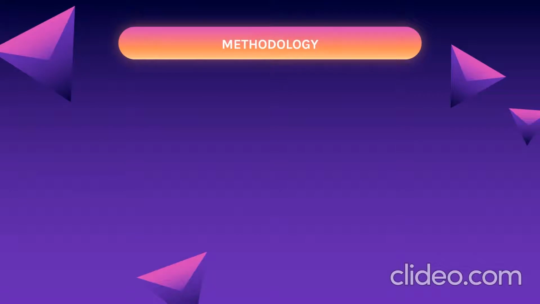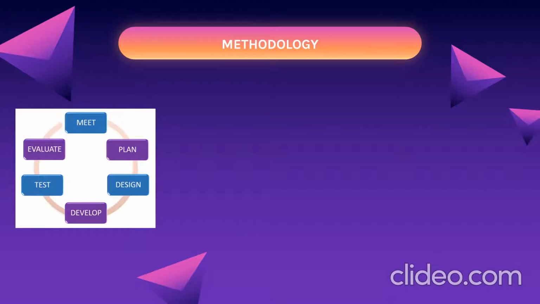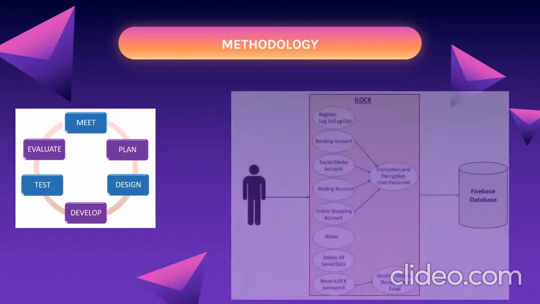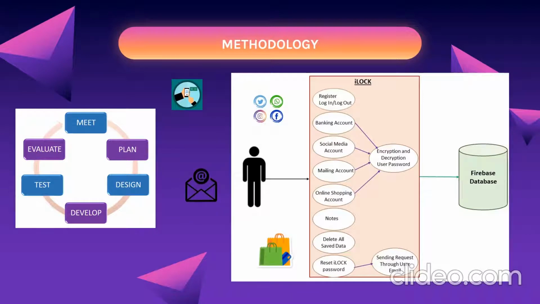For the methodology, we have chosen the Agile Development Lifecycle to build this application. There are 6 steps included in this cycle. For the design phase, we have included the flowchart, in which the actors involved are the users and also the database. The users can register, log in, log out, enter the data for the banking account, social media account, mailing account, online shopping account, and also notes.